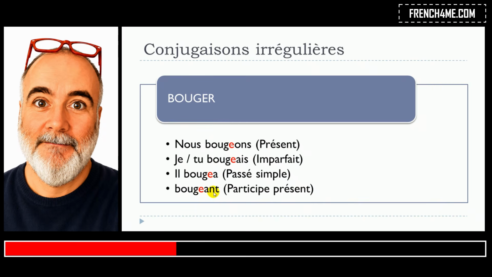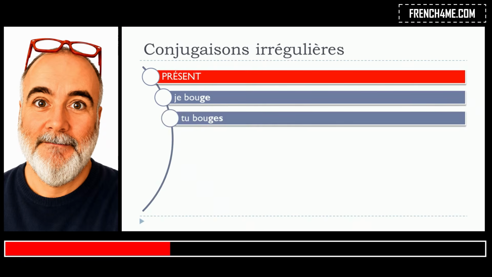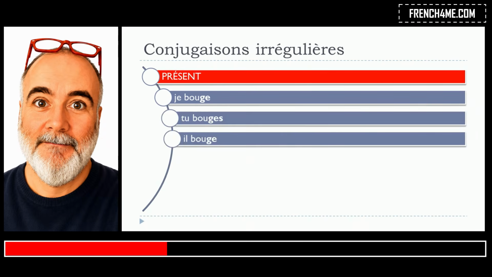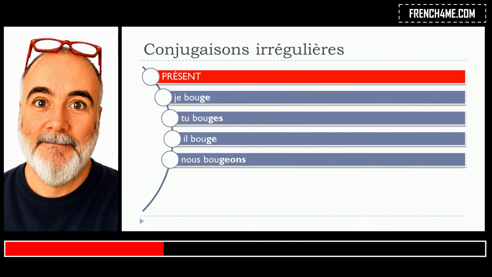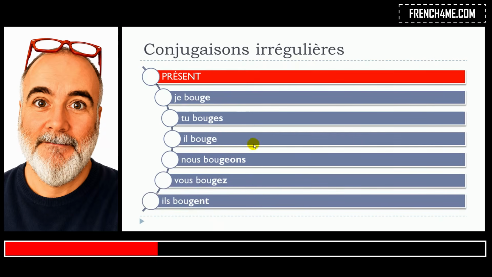All right. So let's have a look now at the present form. Je bouge, tu bouges, il bouge, nous bougeons, vous bougez, ils bougent. Okay, so as I said, you can see that we've got only the nous form that will be modified, because all the other forms, well, they are exactly respecting the rules of the regular verbs.